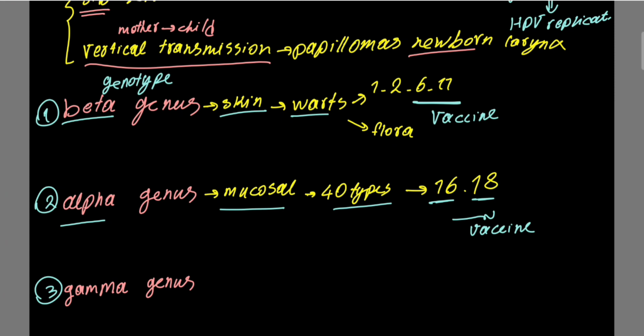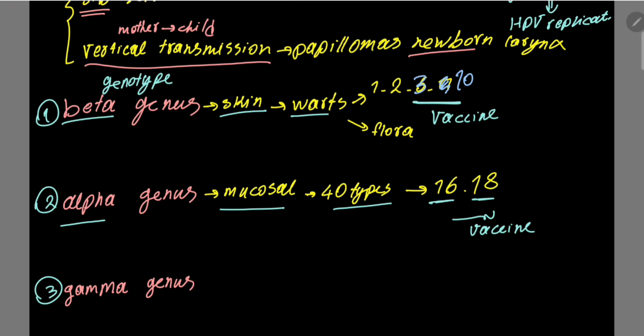Beta is for the skin and can cause warts, and the most severe ones are 1, 2, 3, and 10. I can say 3 and 10, but also we have 6 and 11 here, but the severe ones are 1, 2, 3, and 10.